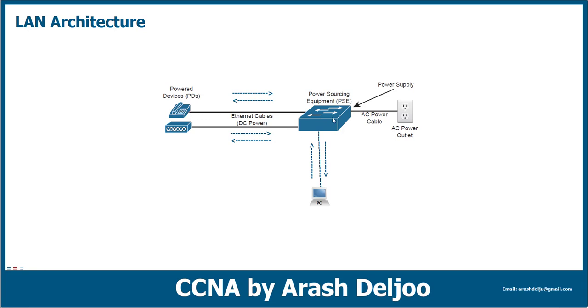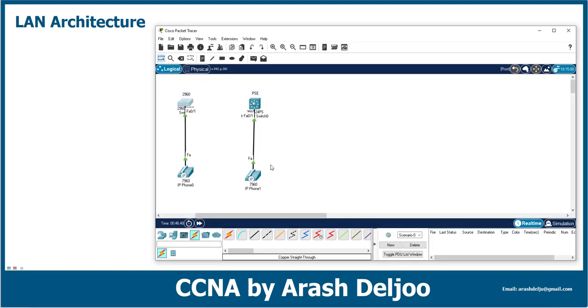Because of that, for example, this switch now is applying the power to the IP phone and to the AP, but not to the PC. And it is so important. Look at here. In this scenario, the switch is applying the power to the 7960 IP phone, but if you connect the PC, the switch after negotiation understands that the PC doesn't need the power. Because of that, it shouldn't apply the power.